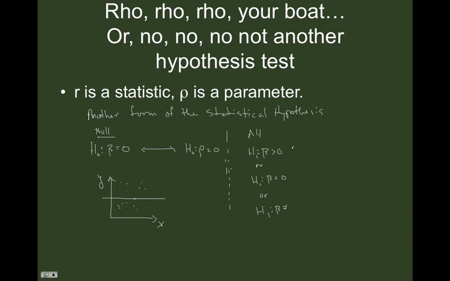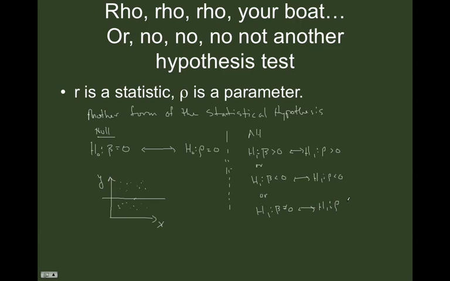And notice each of these can also be looked at in terms of rho instead of beta. So the alternate here could be rho greater than 0, rho less than 0, or rho not equal to 0.